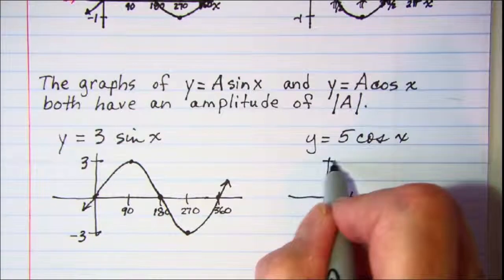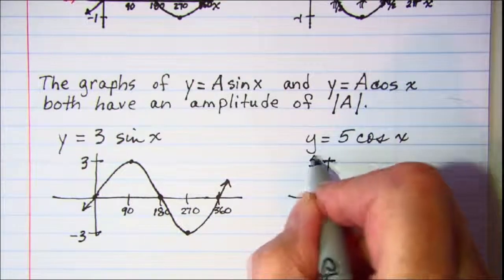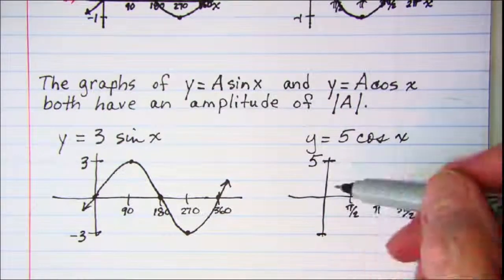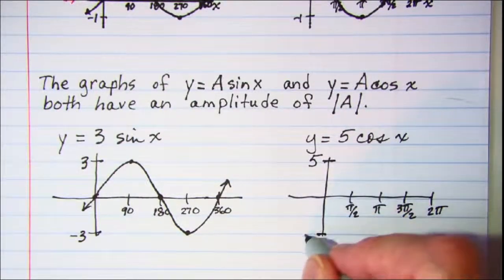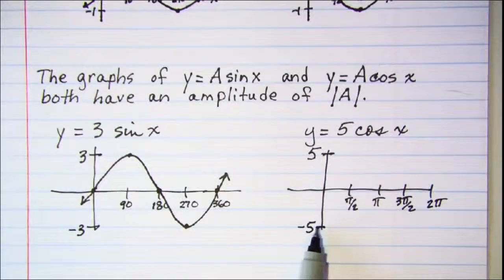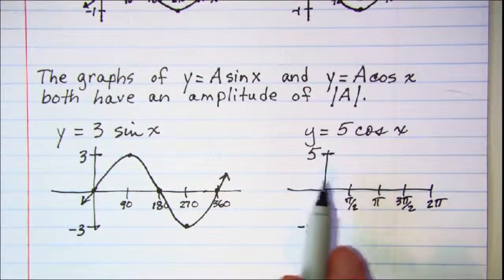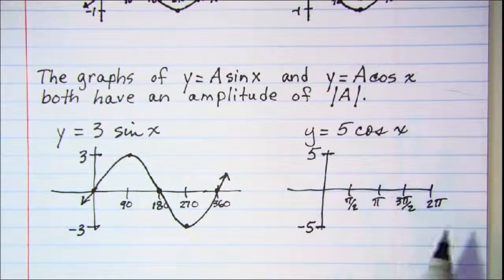My maximum on this one will be 5. And my minimum, I'm going to make these the same distance. I'll label this as -5. So as long as you label these, that should be sufficient.